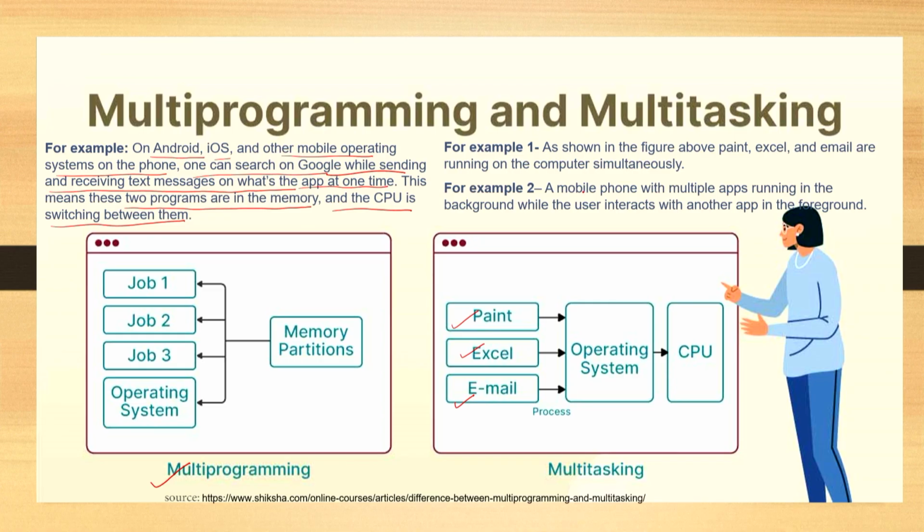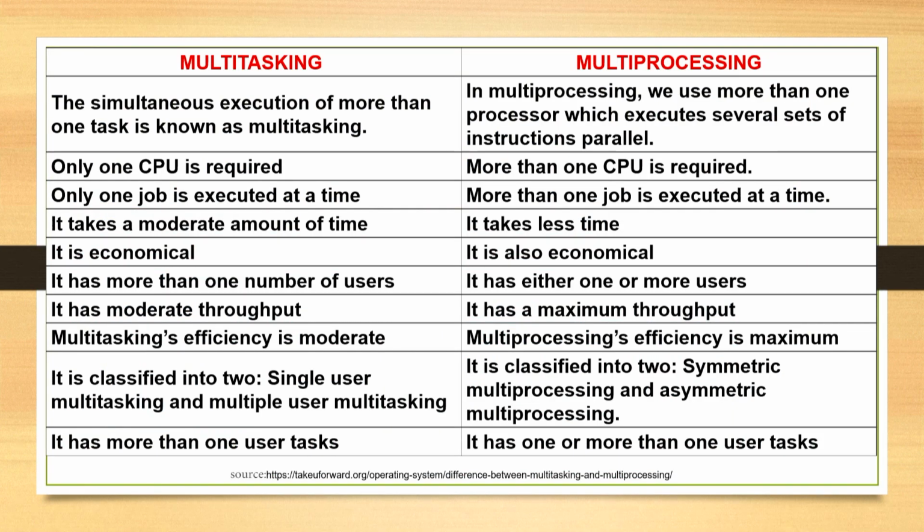Another example, let's take the mobile phone itself, with multiple apps running in the background while the user interacts with another app in the foreground. So this is the difference between multitasking and multi-programming. Next, I'll discuss the difference between multitasking and multiprocessing.